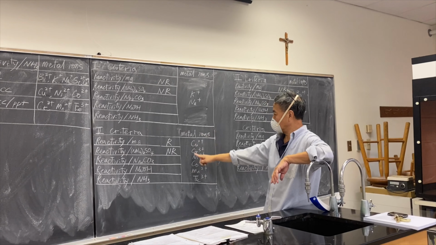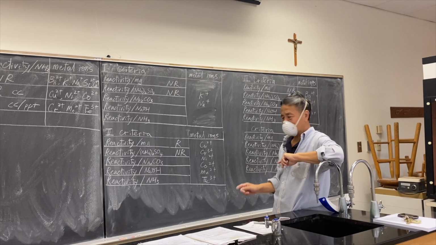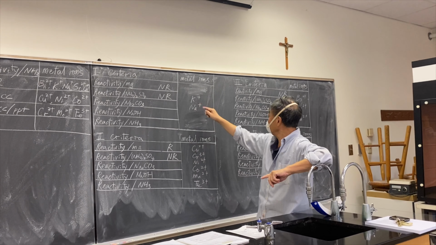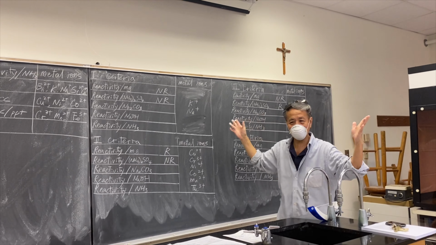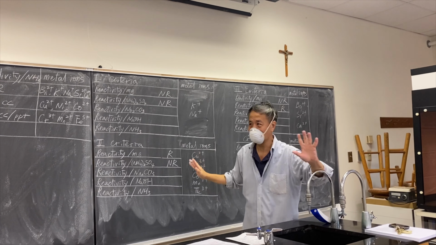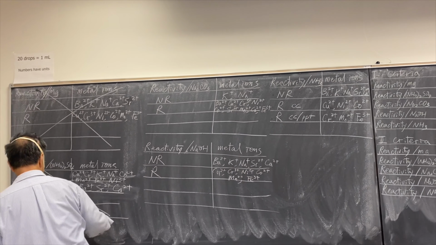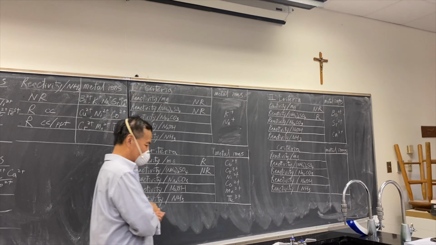Once you finish all those, you have to check. Are they all counted? 1, 2, 3, 4, 5, 6, 7, 8, 9, 10, 11. Yes, they're all counted. Once that's done, you come back and cross it.